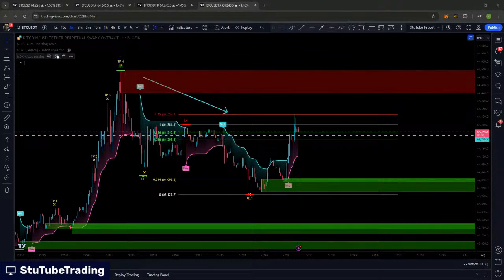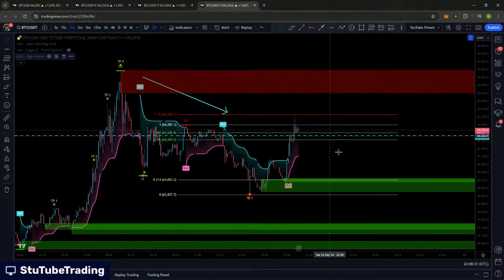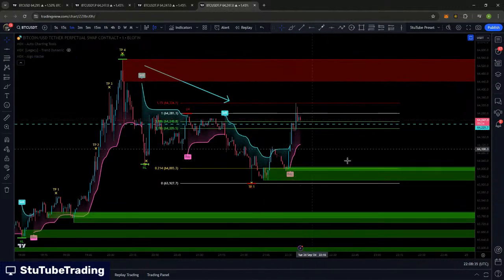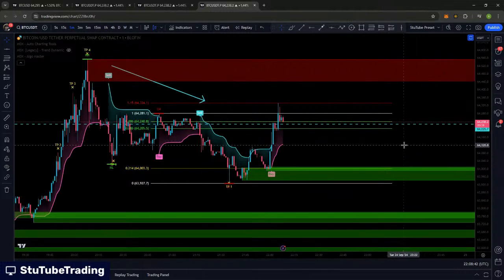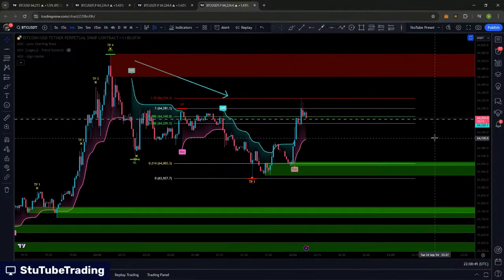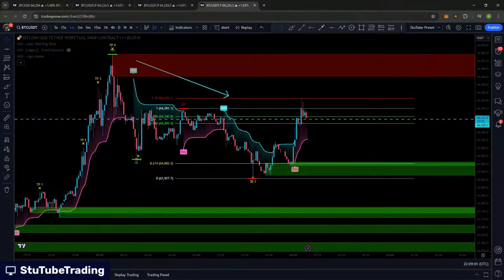What am I using? I want to say like 2, 1. So I have it on low sensitivity to basically give me some extra wiggle room. Asia just opened? Doesn't Asia open in like 2 hours?